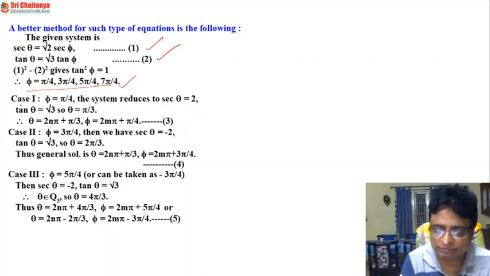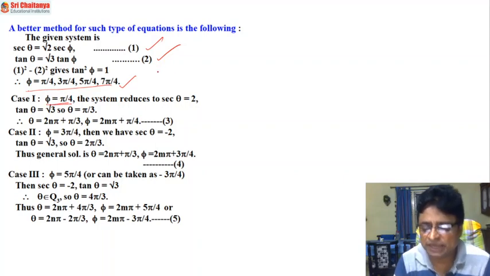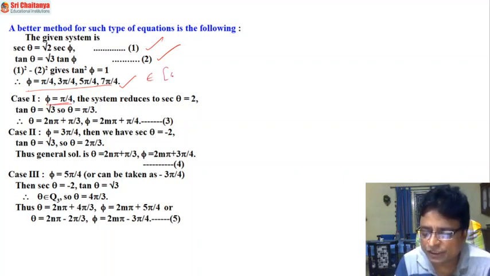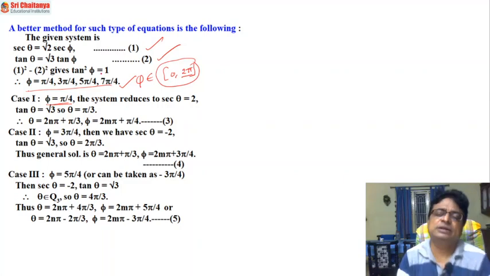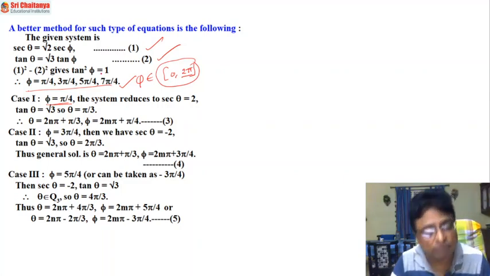Now case 1. I am taking all the values in the closed interval 0, 2 pi only. In the closed interval 0, 2 pi, you just find the values of phi which satisfy the given tan square phi equal to 1. Don't go beyond that, not necessary also.